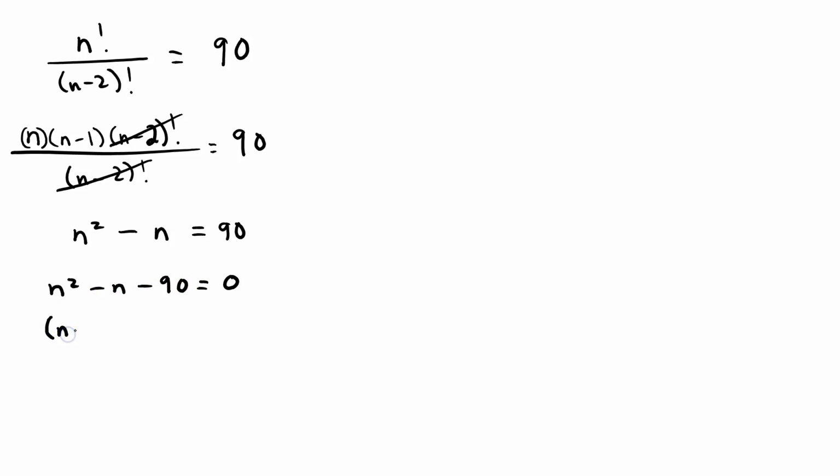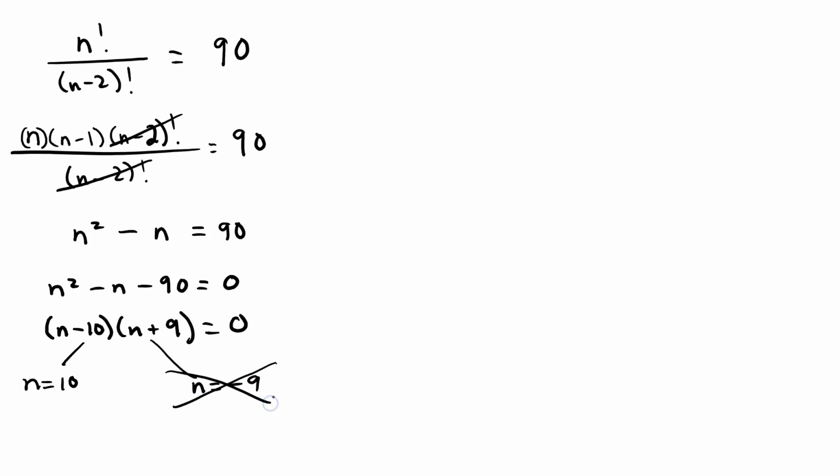We're going to get n minus 10 times n plus 9 equals 0. So that means when we're talking about the zero product theorem, n minus 10 equals 0, so n equals positive 10 and n equals negative 9.